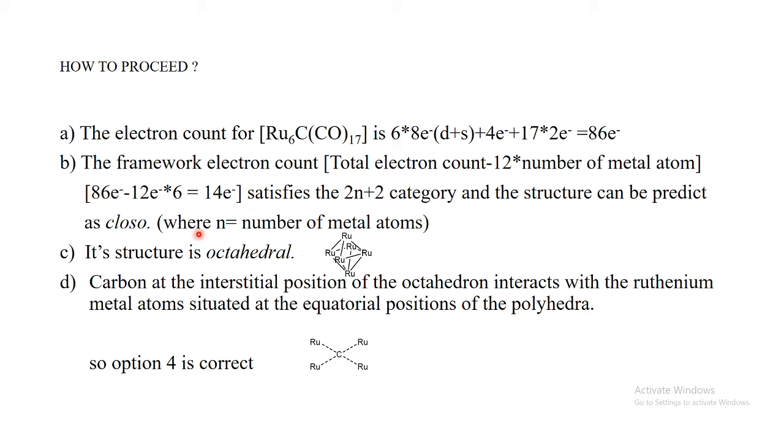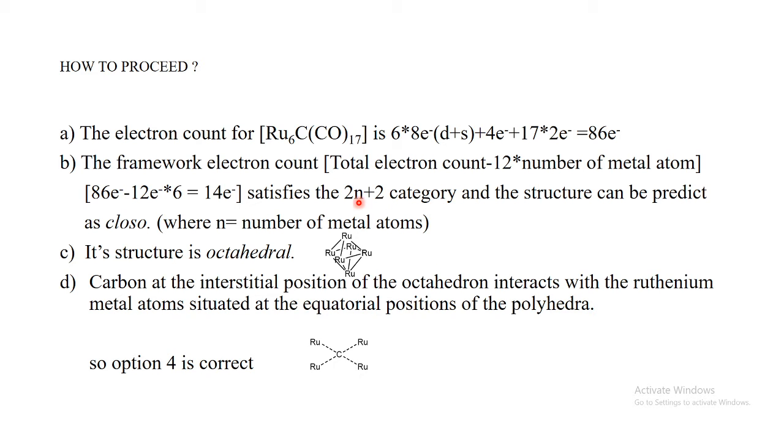So the framework electron count satisfies the 2n plus 2 category. If you see, the number of metal atoms is 6, so n implies the number of metal atoms. So 6 into 2 will be 12, plus 2 will be 14, which satisfies the framework electron count.